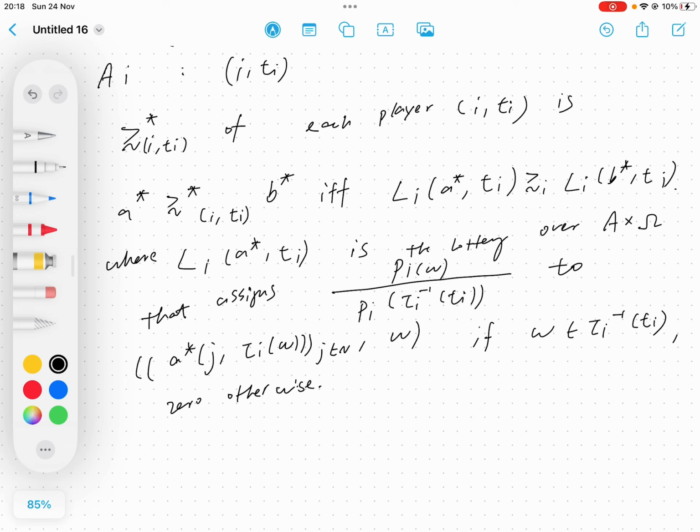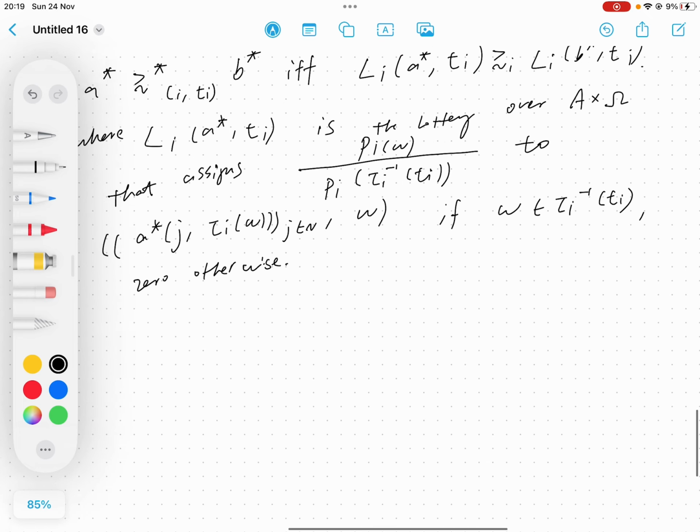So intuitively, in a Nash equilibrium of a Bayesian game, each player chooses the best action available to this player, given the signal that the player receives, and the player's belief about the state of nature and the other players' actions that the player deduces or infers from this signal.